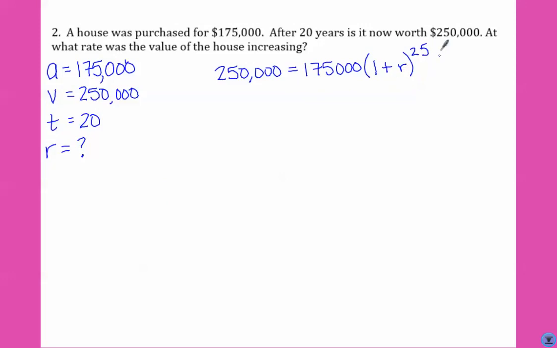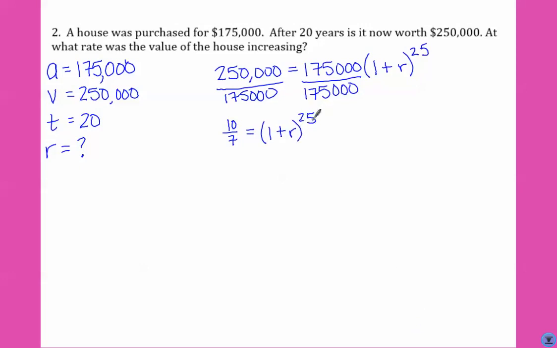So in order to get this part of the equation by itself, I'm going to divide both sides by 175,000. And if I simplify that to a fraction, I get 10 over 7 equals 1 plus R to the 25th power.